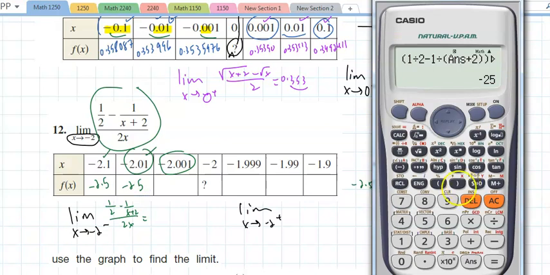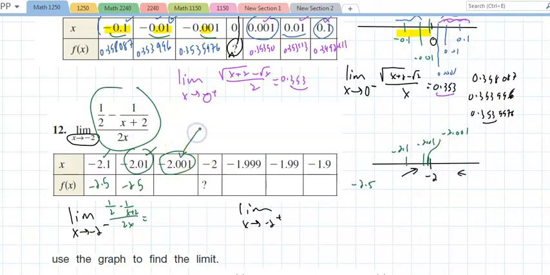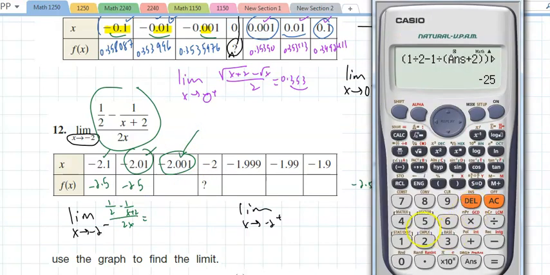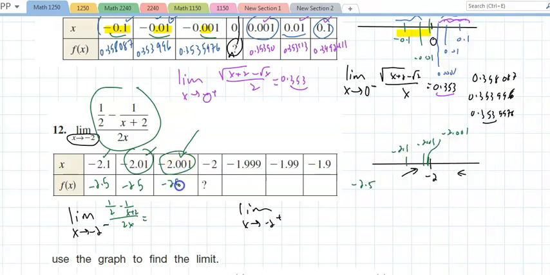And what if I plug in a negative 2.001, I'll get negative 250. So if I'm really working on this, okay, let's do the right. Let's do 1/2 minus 1 over x plus 2 over 2x again. So from the left, what are we concluding? Negative 2.5, negative 25, negative 250.